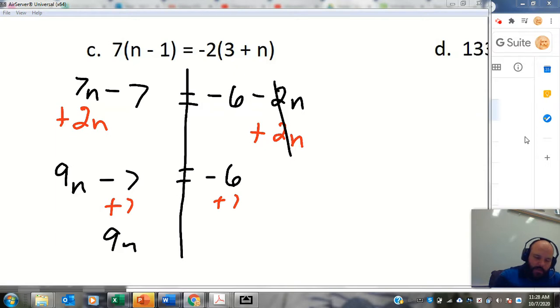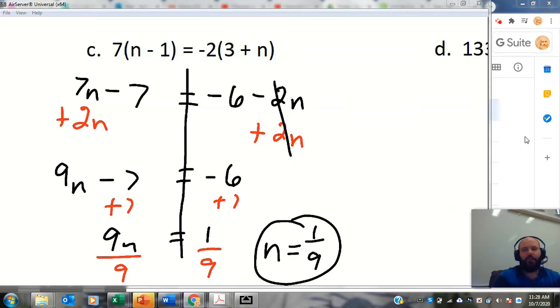So we get 9n equals, now negative 6 plus 7 is actually 1. And then the last step to get rid of 9 times n is to divide by 9 on both sides. And when I divide by 9 on both sides, I get n equals 1/9. And there's the solution.